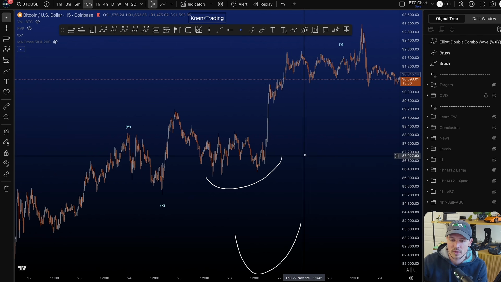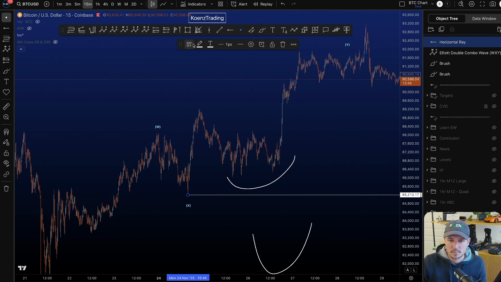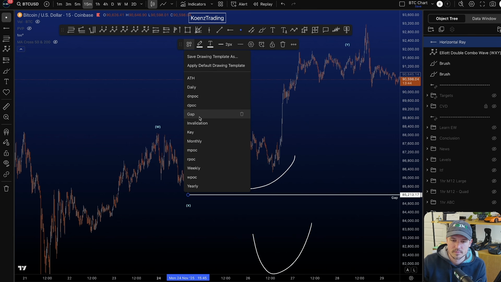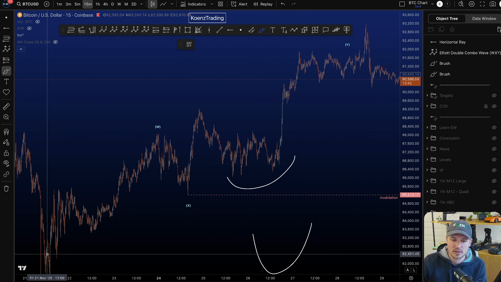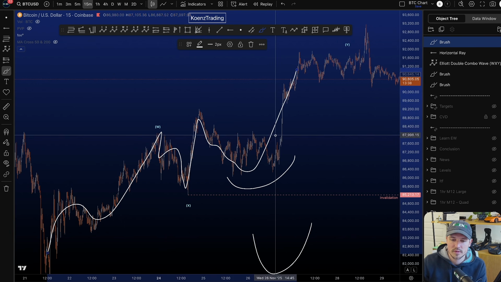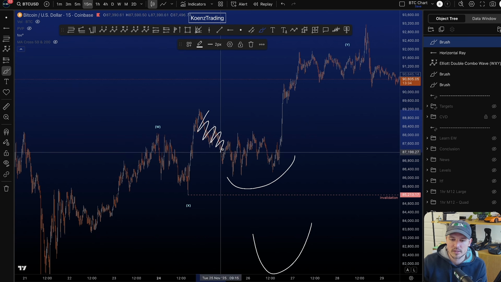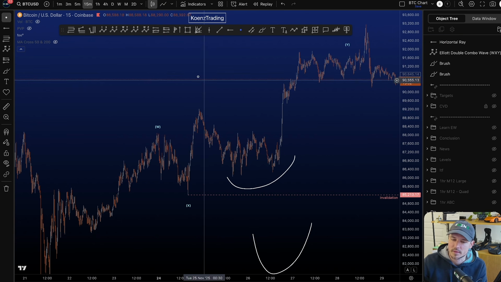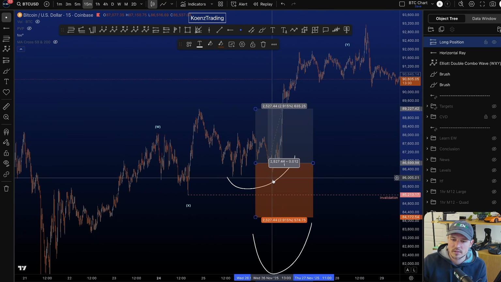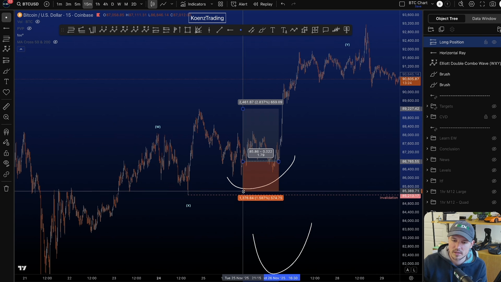So if you count a WXY, this is your invalidation. Because initially you're going to be like 3, 3, 5, look for a 3 and a 5, which means we have to observe the retracement here. If this is a higher probability corrective structure, there might be something here. So I said in the morning routine video that I recorded as price was in this range, from a trading point of view, there could be an opportunity here, right?